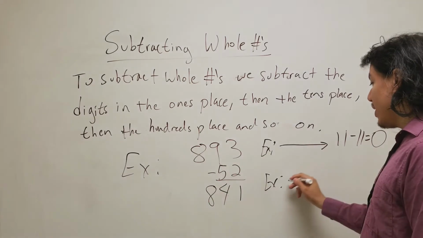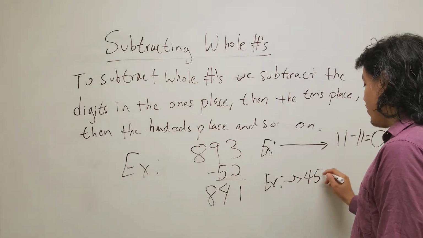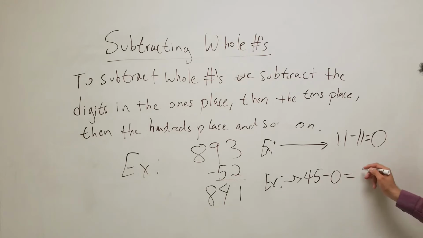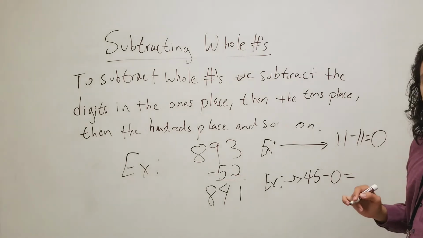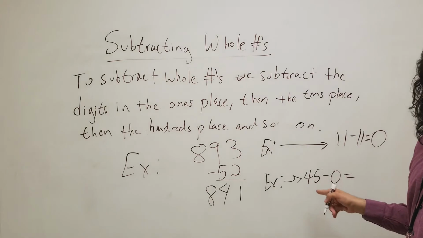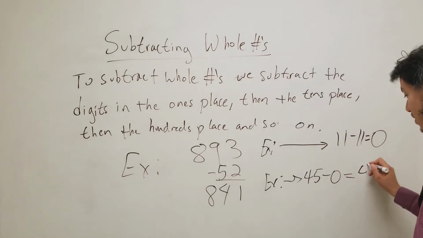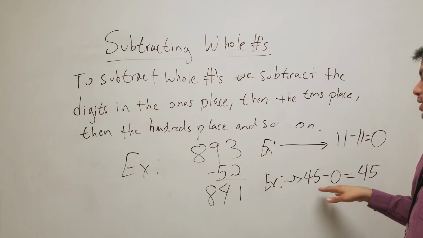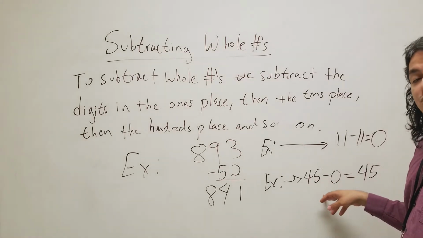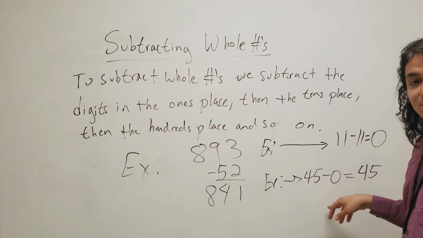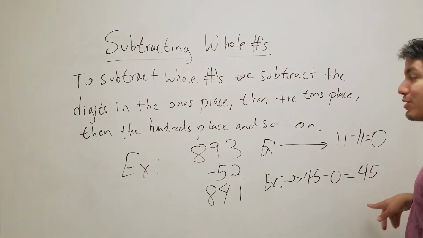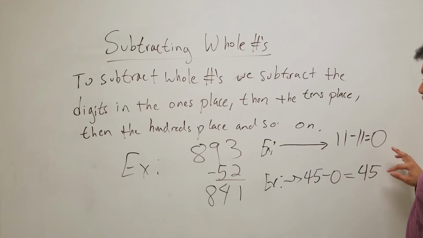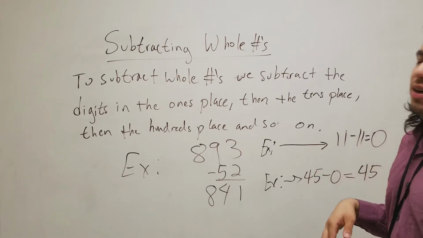But what about 45 minus 0? Some people might put negative 45, but that's actually the other way around. It's actually 45. So the other general property for subtraction is that if you ever have a number subtracted by 0, your answer is that same number. So those are basic concepts to keep and remember, and there are little tips here and there.